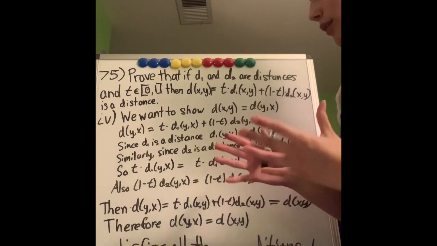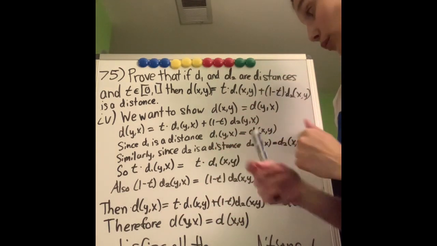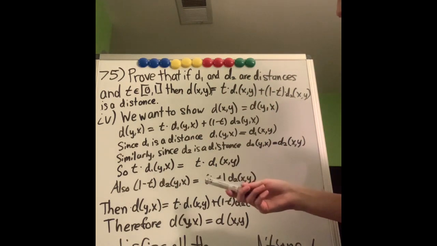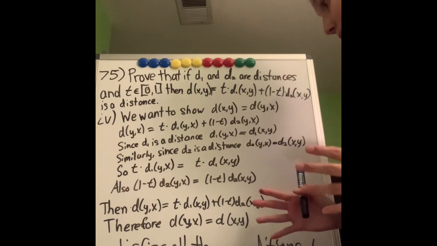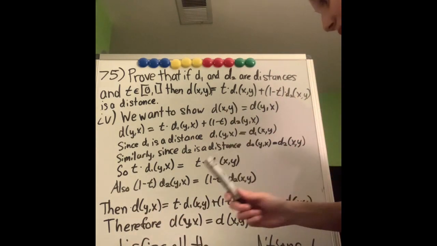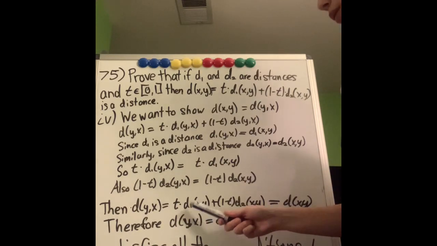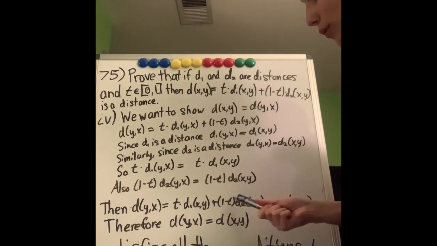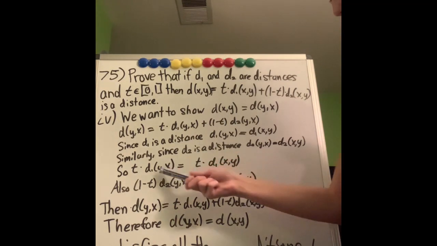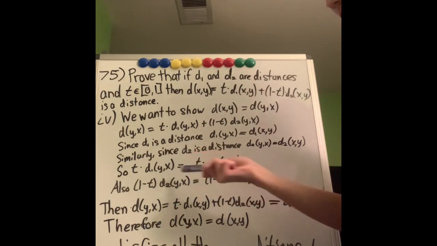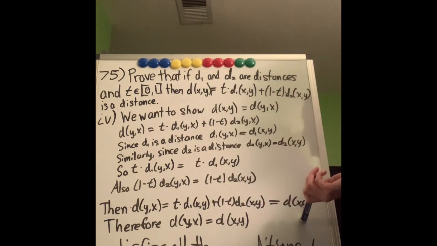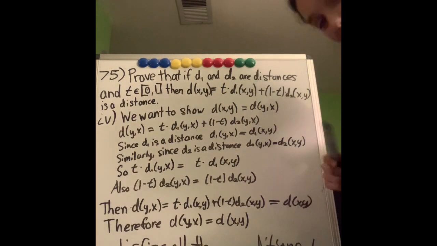So t times d1(y,x) is equal to t times d1(x,y). Also (1 minus t) times d2(y,x) is equal to (1 minus t) times d2(x,y). So then, the distance from y to x is equal to t times the distance d1 from x to y plus (1 minus t) times the distance d2 from x to y, because we did the substitution right here, so we can substitute it into this equation, which is coincidentally what the distance from x to y is.